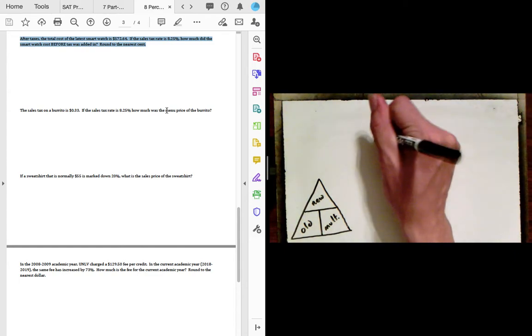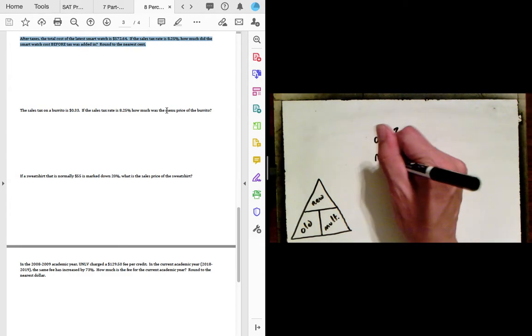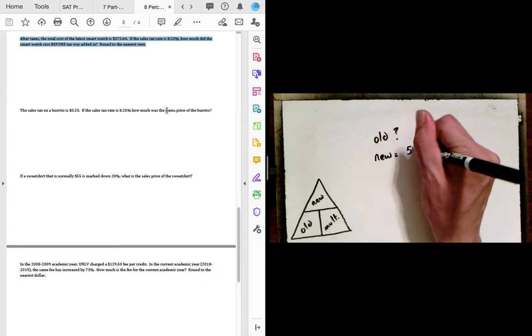So we don't know the old value. The old value is the cost of the watch before tax. In other words, we have this watch, then we added 8.25% to it, and we got the new value, which was $572.64.